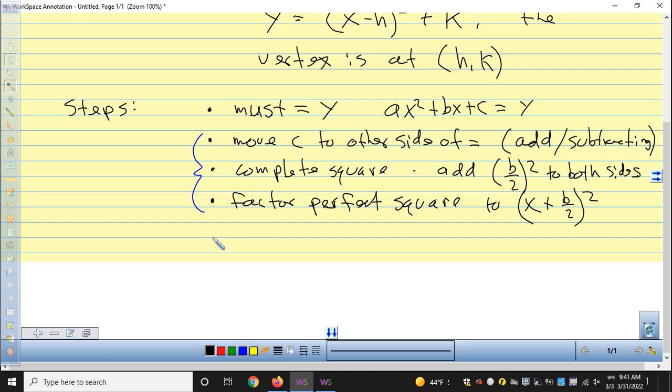And then our last step is we get y by itself. Where yesterday we took the square root and then we got x by itself.